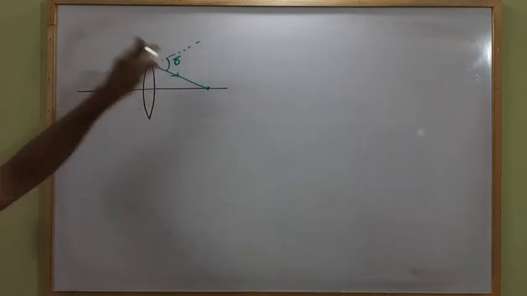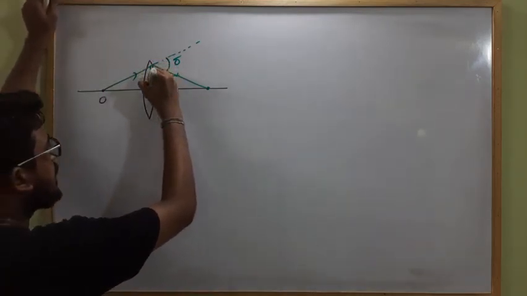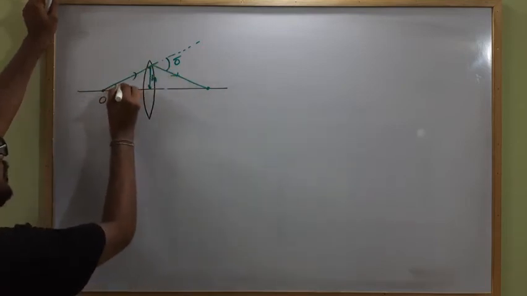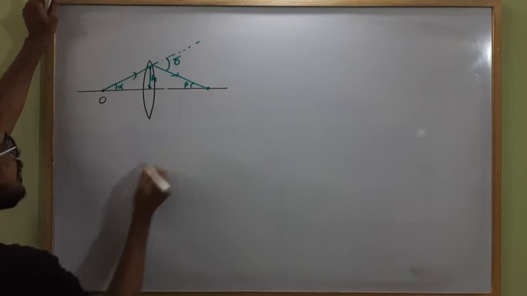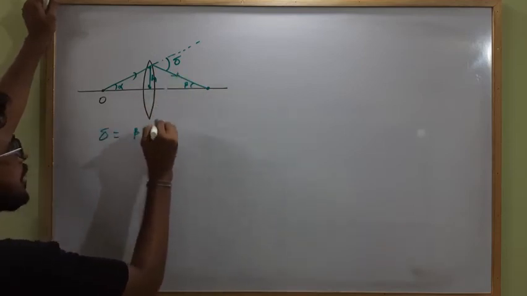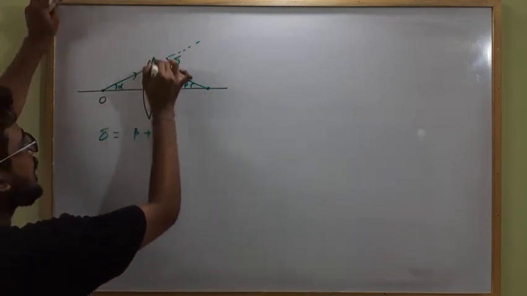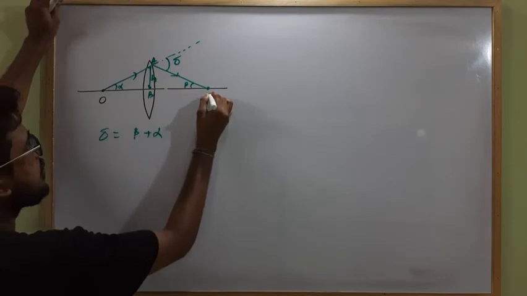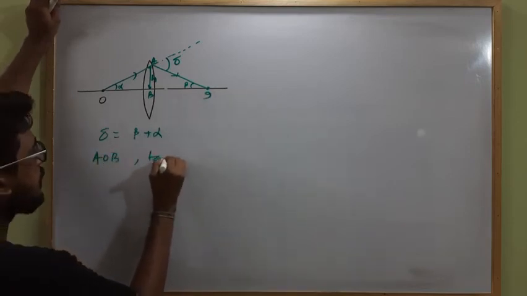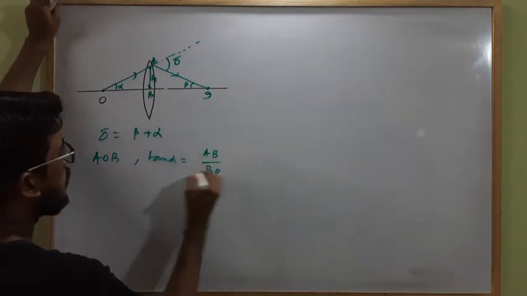So what is the value of deviation when an incident ray goes like this? Let this height be h. Let this angle be alpha and this angle be beta. So the deviation delta can be written as beta plus alpha. Let it be O A B, and this will be I. In triangle OAB, tan alpha equals AB by BO.